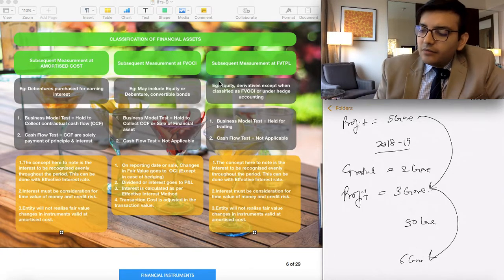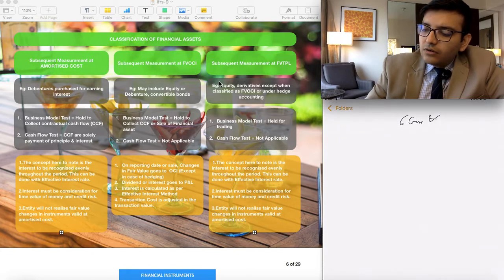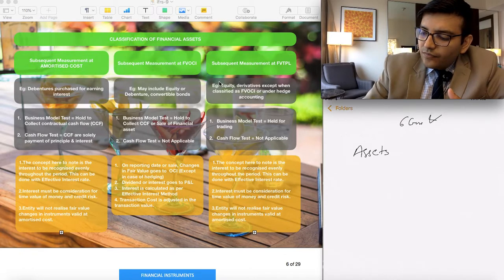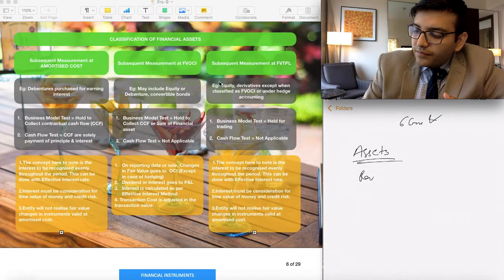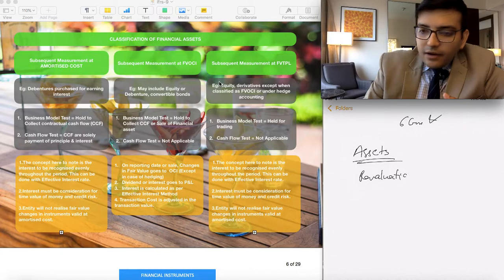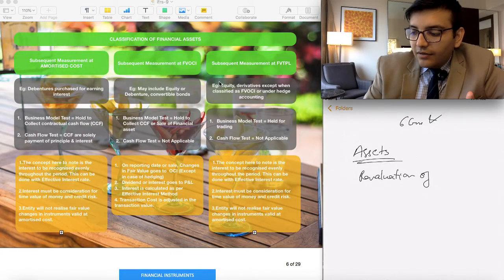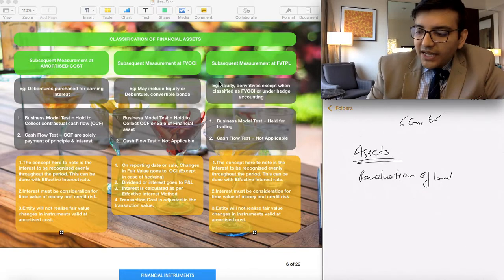Hence they brought in a concept. Similarly, I'll give you another example, in case of assets, revaluation, right? There's a revaluation concept in assets, revaluation of land, let's say. In the previous year, land in our books of accounts was 5 crore.